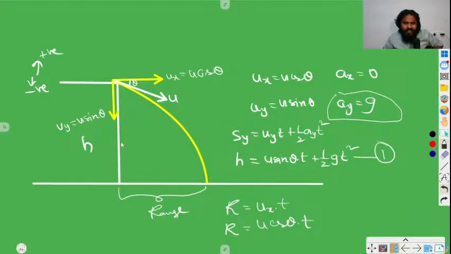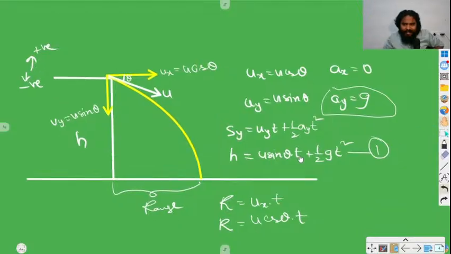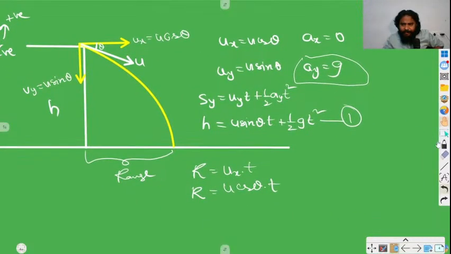And here I mentioned this sign convention also, right? Shall we try it once using this sign convention, then you will get clarity. If you observe carefully, what is sy? H is on the downward side, so minus h is equal to, and u sin theta is downwards, so minus u sin theta into t, plus half ay is also downwards only, minus g t square, right?